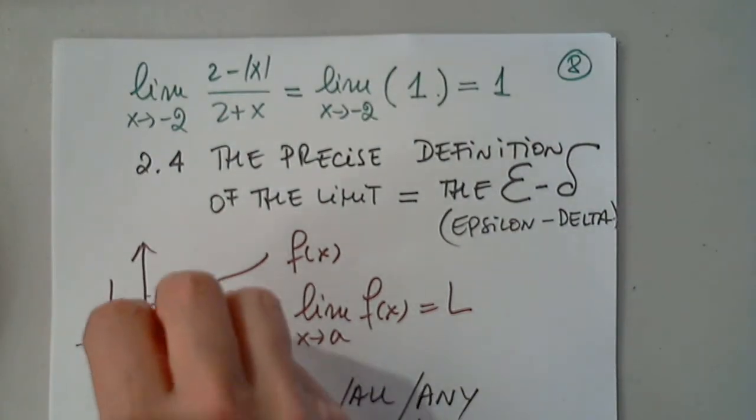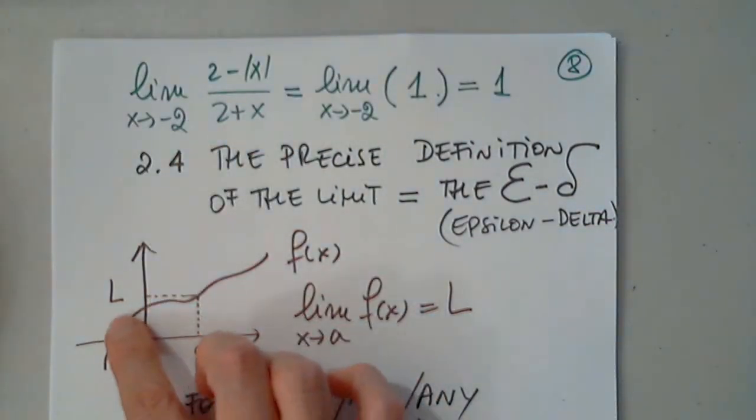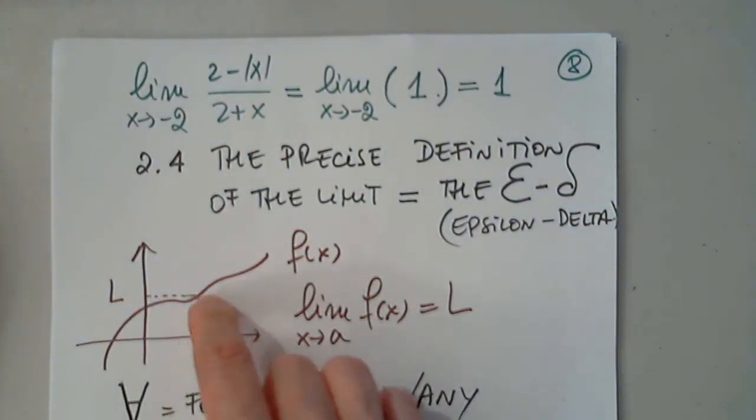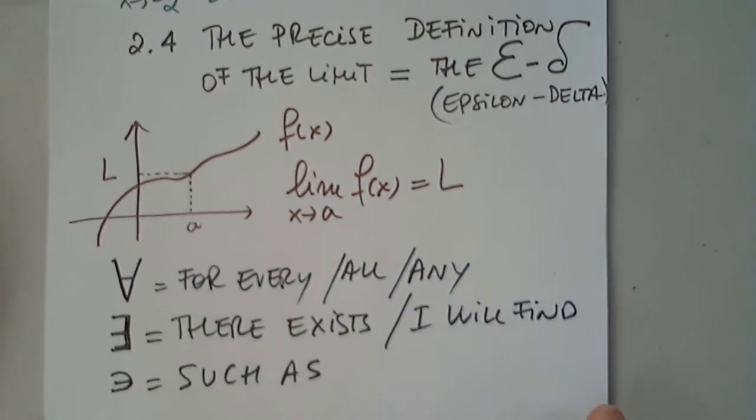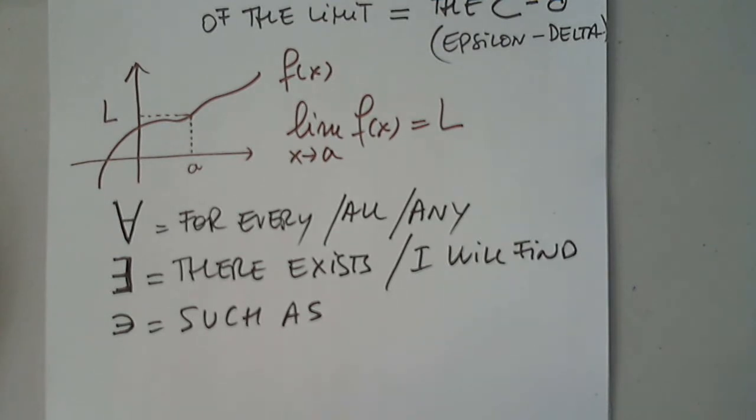Let's assume I zoom in. I have this function, I have A, I have L, and I zoom in. And I zoom in, and I zoom in, and I zoom in if you want.